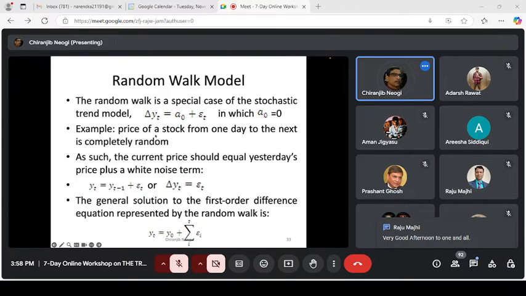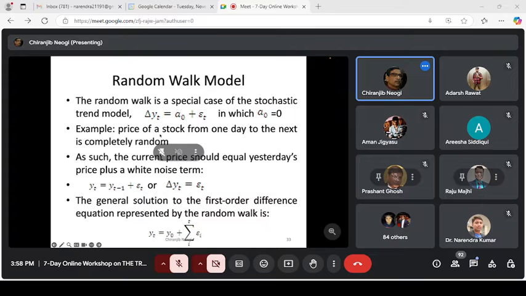Then you cannot predict the future value of yt, since the change depends only on a stochastic term epsilon t.